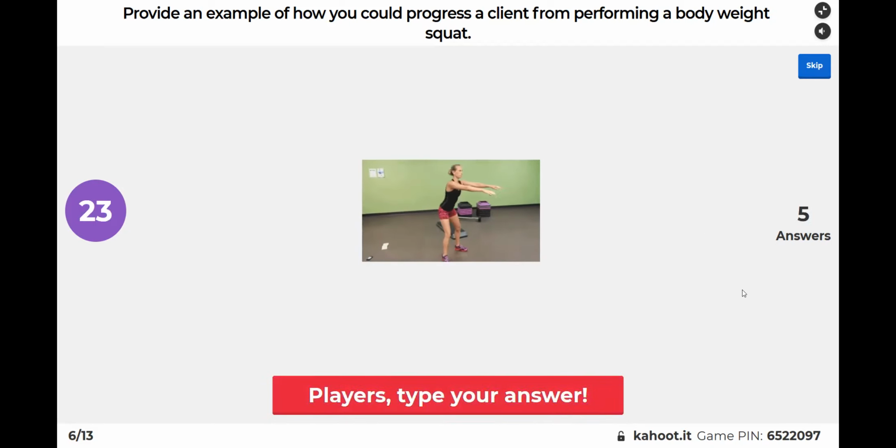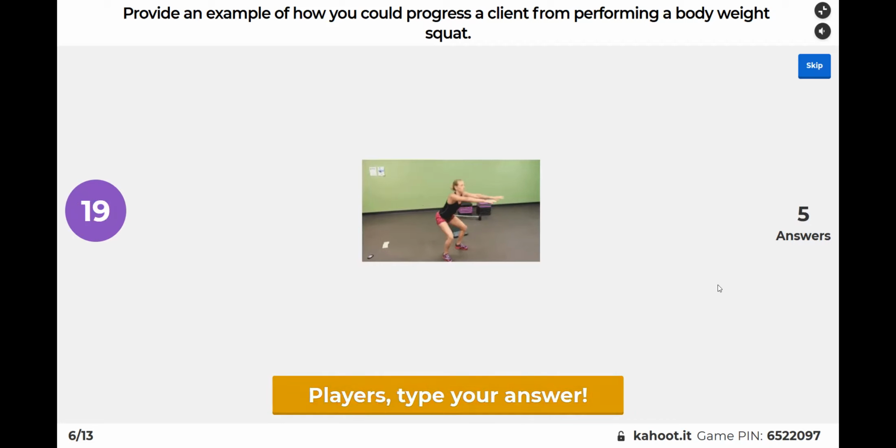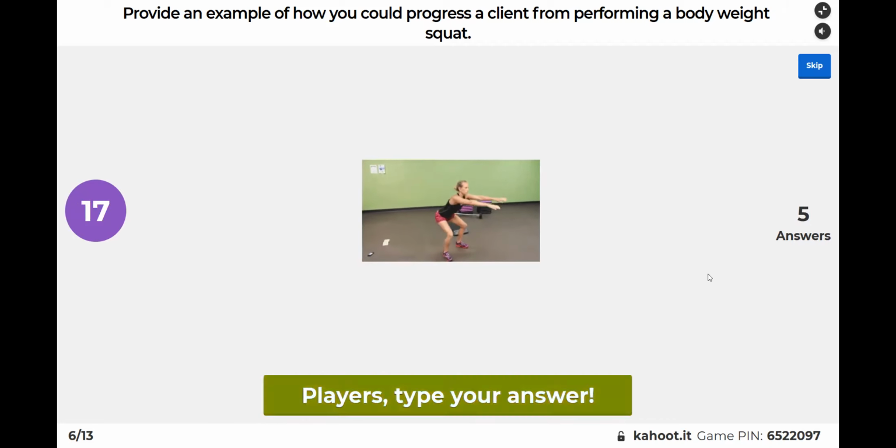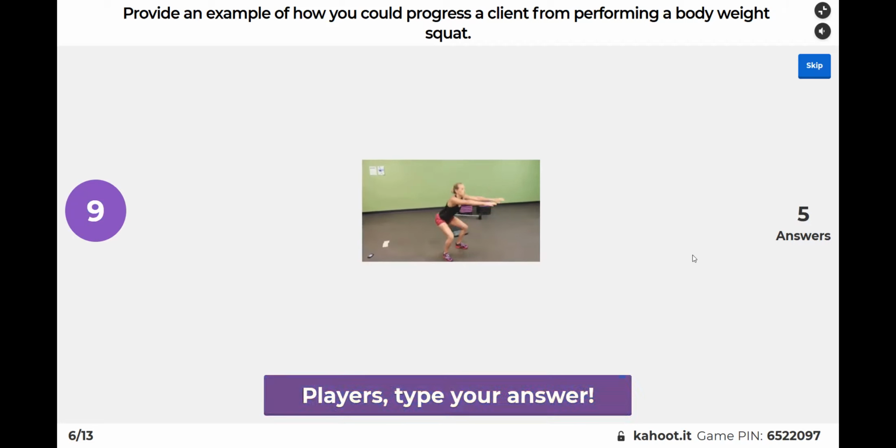Think of adding some form of weight, maybe making it unilateral, changing tempo, adding a jump.